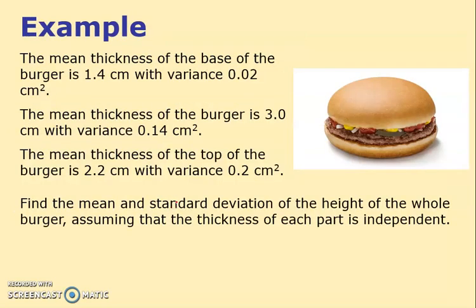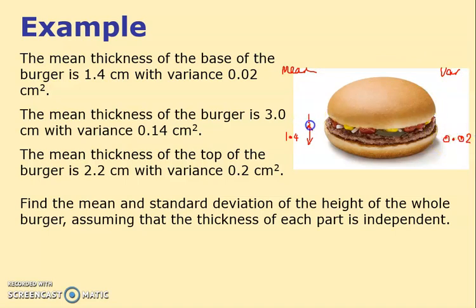So we've got the mean thickness of a burger bun, the base of a burger bun in fact. They tell me this base has got a mean of 1.4. In fact, I'm going to write the mean on this side and the variance on this side. And the variance, it says, is 0.02.